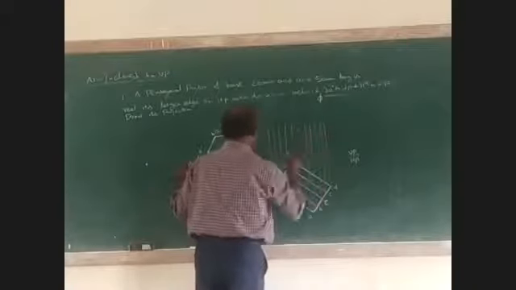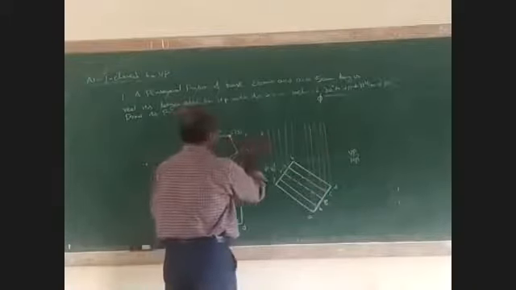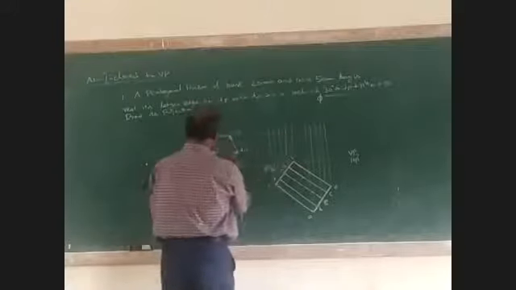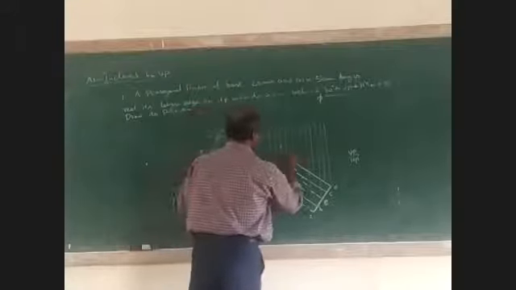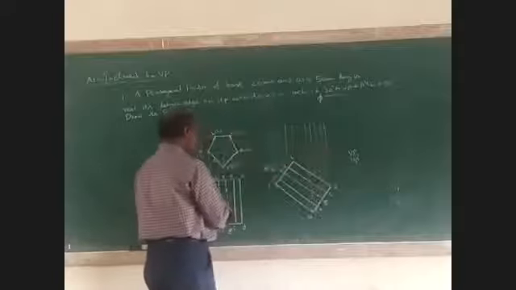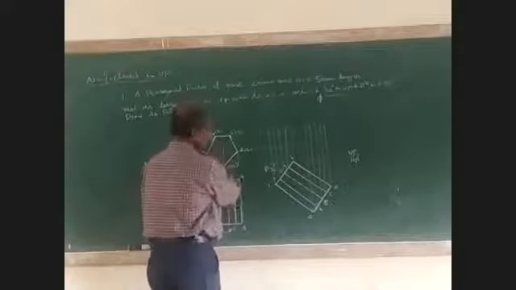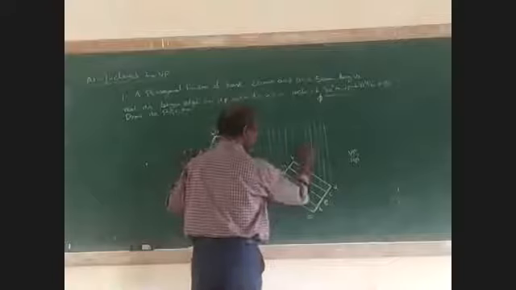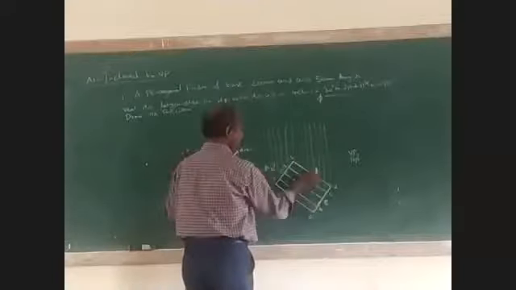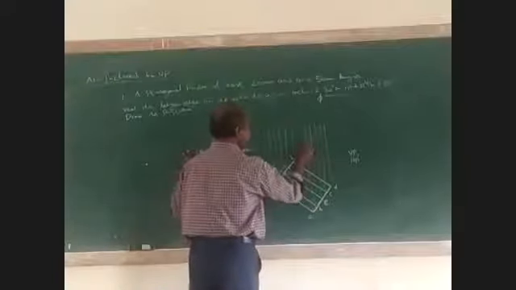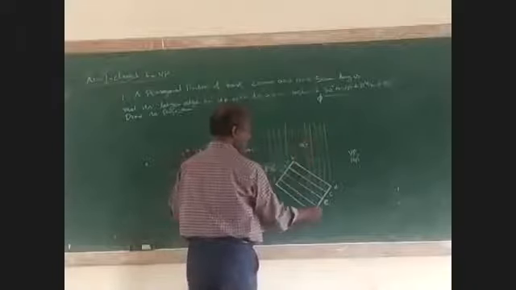Then draw a line parallel to the reference line at each and every point. Then you have to find the intersection of A and A dash. Where it intersects, you name it as A1 dash.